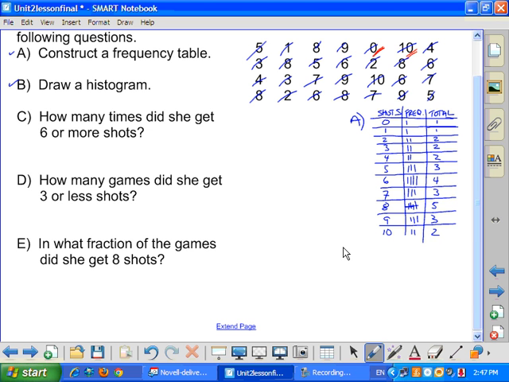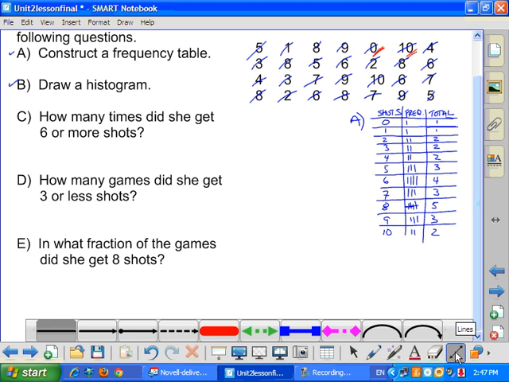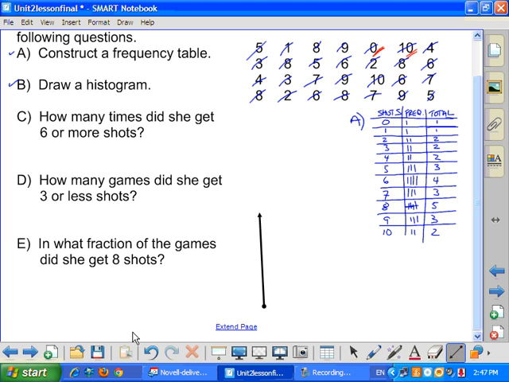So with my bar graph, draw it over here. You'll have a little bit more space. So I'll draw there, across the bottom. So I'm going to go with shots on what we call the x-axis. And on the y-axis, I'm going to put frequency.